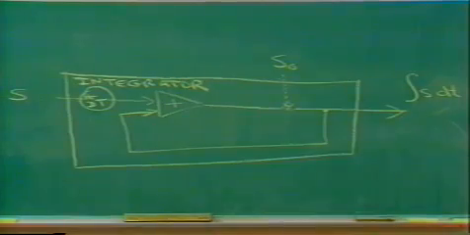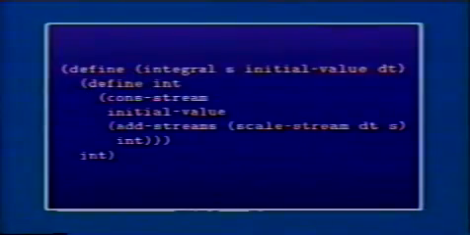In fact, here's the procedure that looks exactly like that. We're going to find the integral of a stream. So integral takes a stream and produces a new stream. It takes in an initial value and some time constant. And what do we do? Well, we internally define this thing int, and we make this internal name so we can feed it back, loop it around itself.